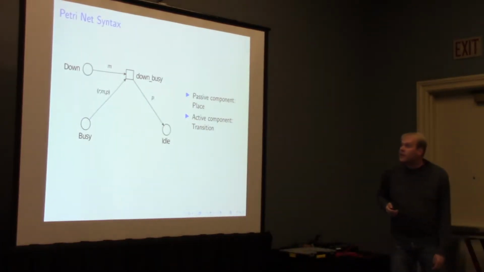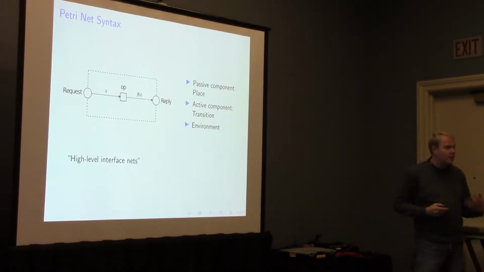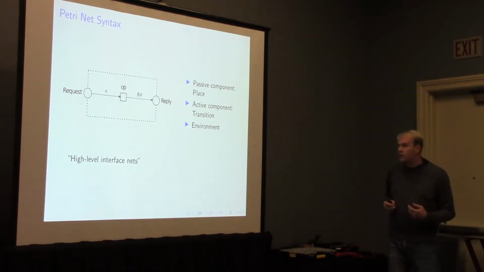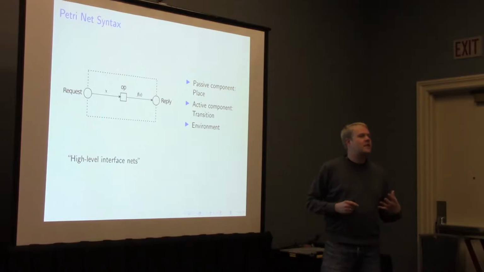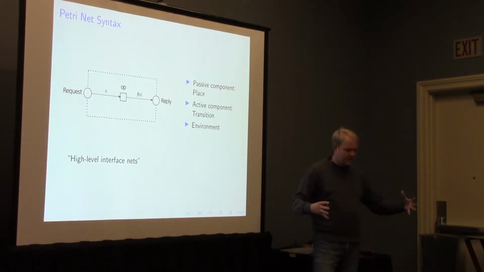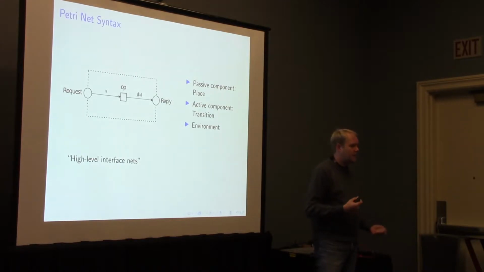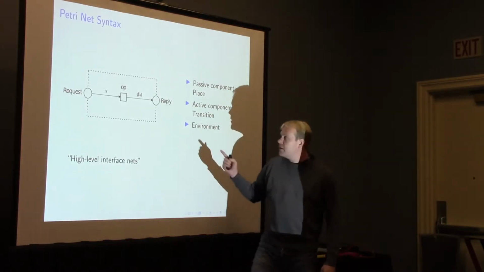The third thing that is important about the kinds of Petri nets I'm talking about is that they exist in an environment, so they're not just self-contained systems, but they need to communicate to the outside. That's why they have to have an interface.